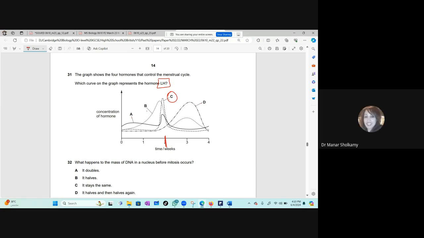So the production of the egg, your answer is correct, but your explanation is not. C is mid-cycle, at ovulation. And what is the hormone responsible for ovulation, the release of the egg? Luteinizing hormone. Okay, so you're right, my dear.